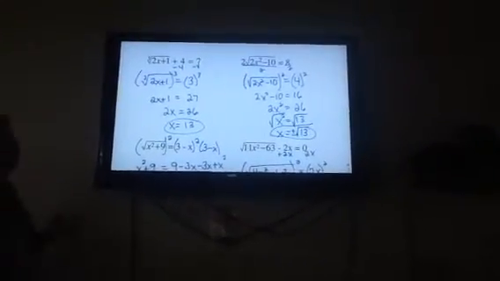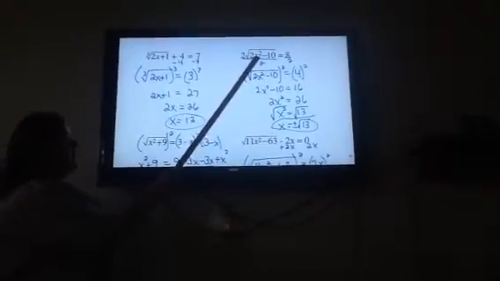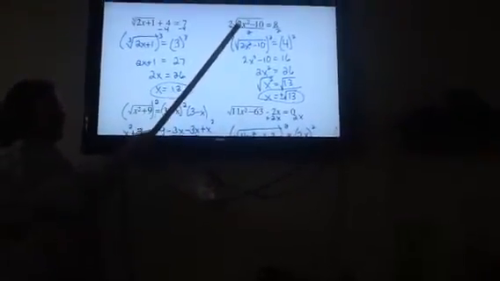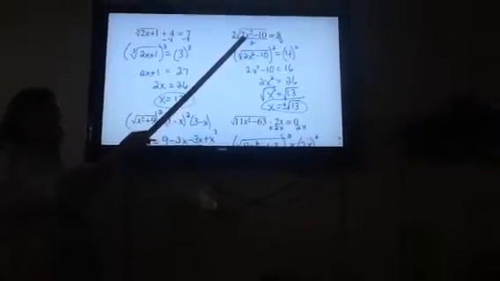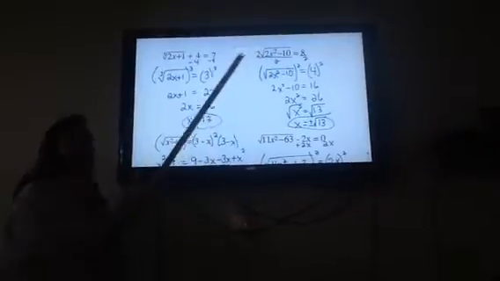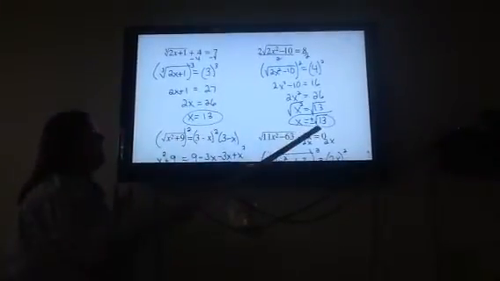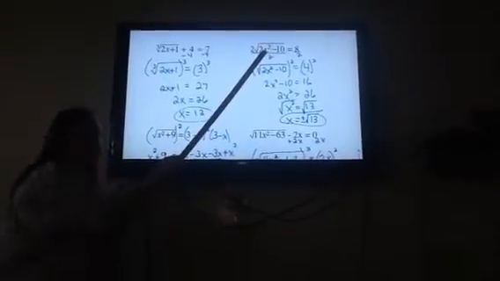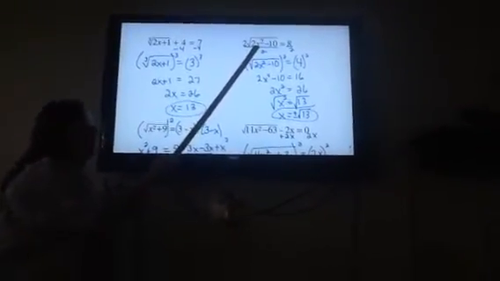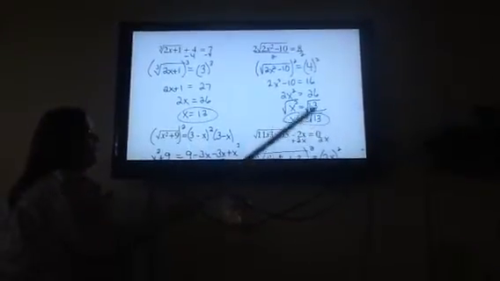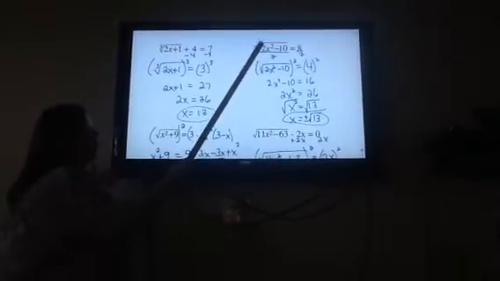Because when you square something, it becomes positive both times. So if I take a positive square root 13 and square it, I'm going to get 13. And if I take a negative square root 13 and square it, I'm going to get 13. So that's going to work either way, because when I square positive or negative, it's going to work.